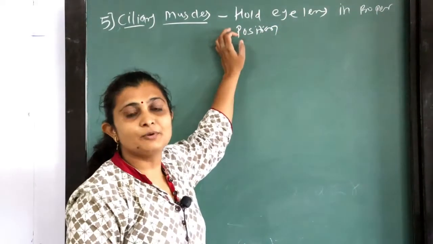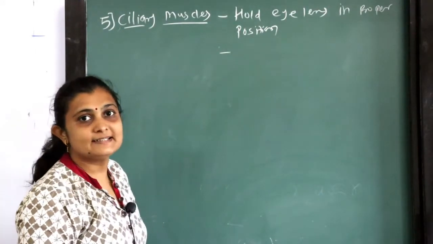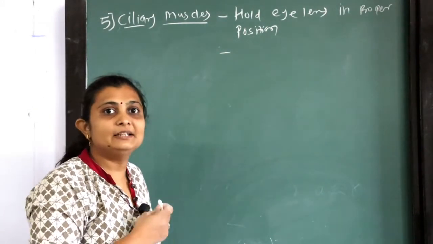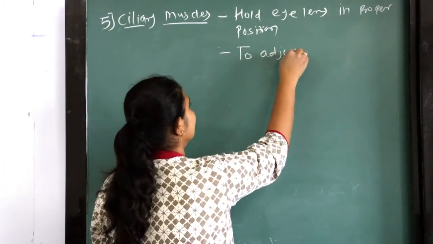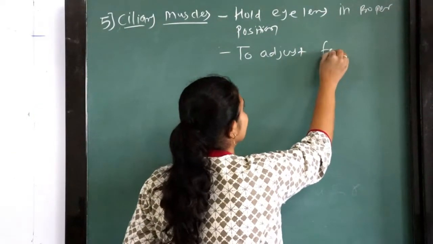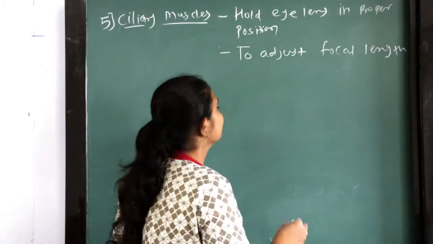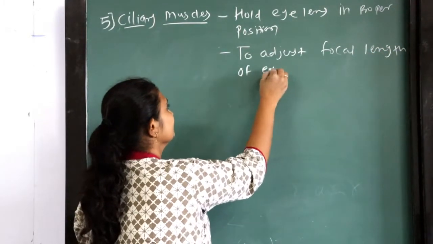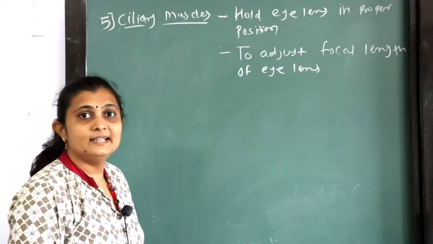The second function of the ciliary muscles is to adjust the focal length of the eye lens. These are the two functions of the ciliary muscles.